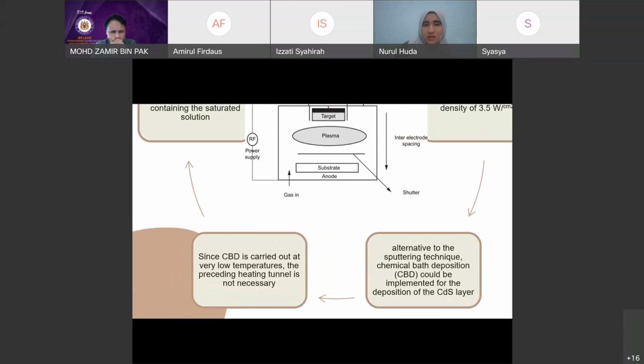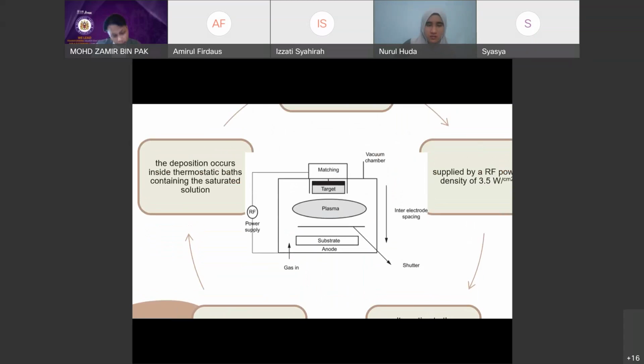Since CBD is carried out at a very low temperature, the preceding heating tunnel is not necessary. The deposition occurs inside thermostatic baths containing the saturated solution.